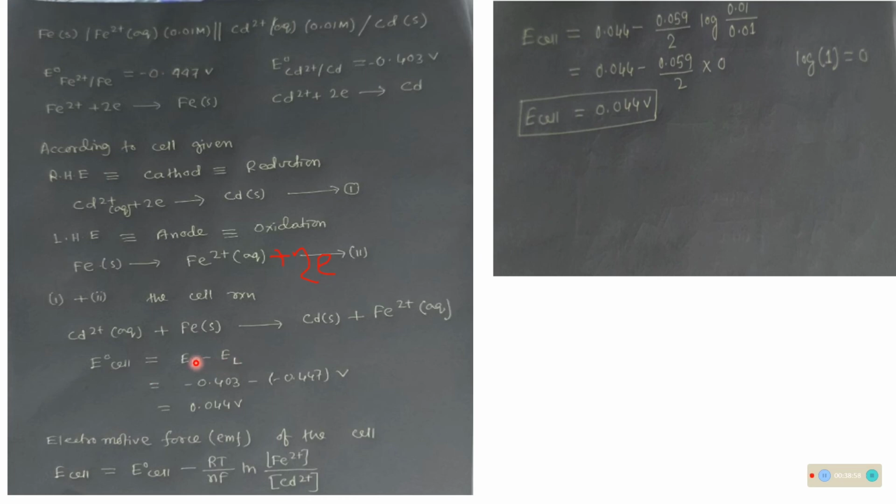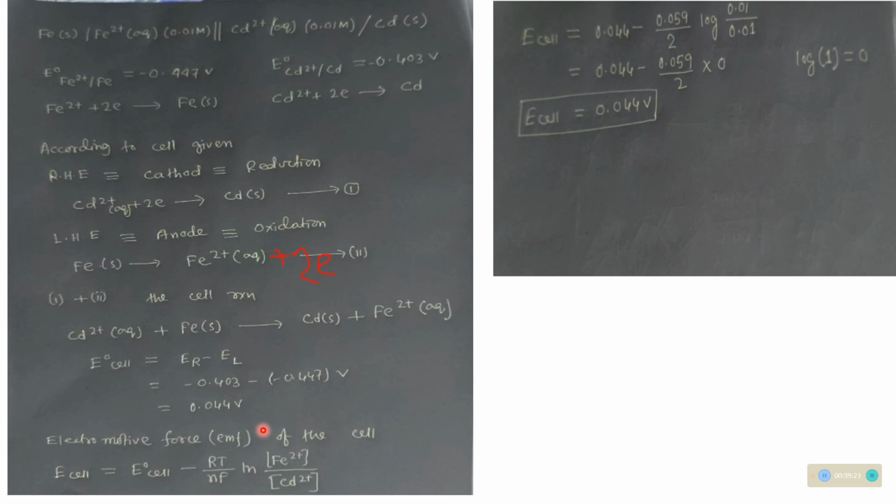E right means the reduction potential of the right hand electrode, the cathode, minus E left, the reduction potential of the left hand electrode, that is the anode.